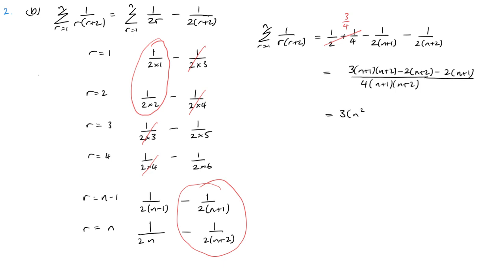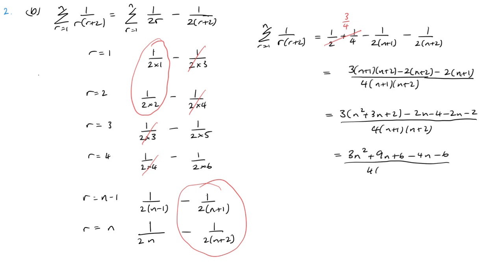So that's 3n squared plus 3n plus 2 minus 2n minus 4 minus 2n minus 2, all over 4 n plus 1 n plus 2. So that is 3n squared plus 9n plus 6 minus 4n minus 6 over 4 n plus 1 n plus 2.